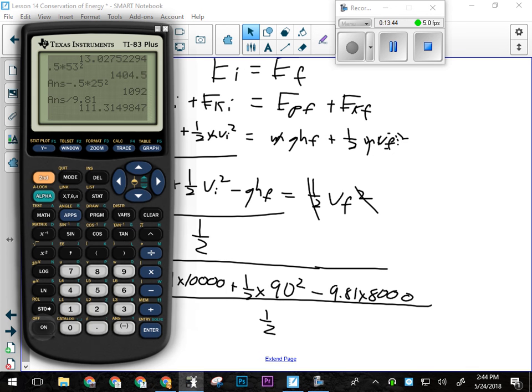Okay, divided by 1/2, square root that. So they will be moving at 217 meters per second at that point.